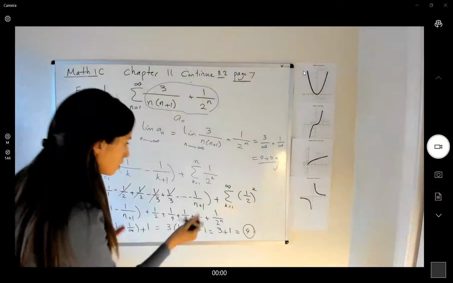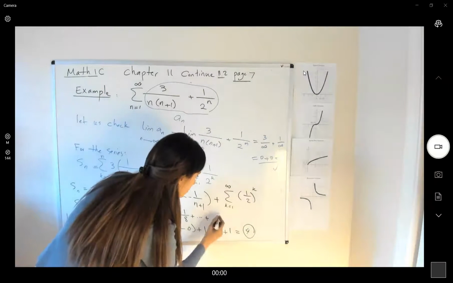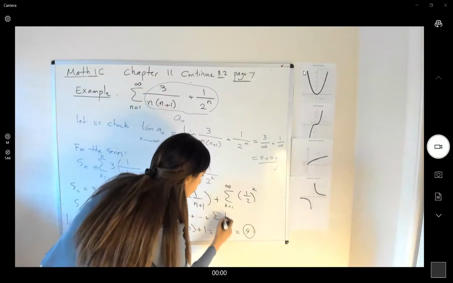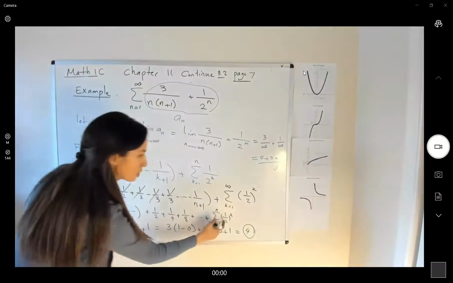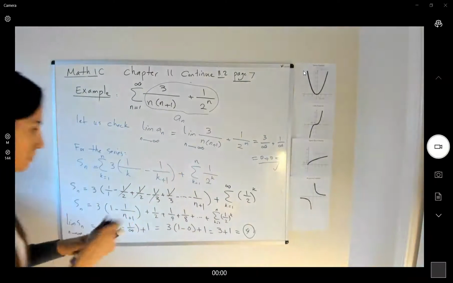Add this here. This is the sum of 1 over 2 to the k, where k starts from 1 to n. So this is your geometric series.